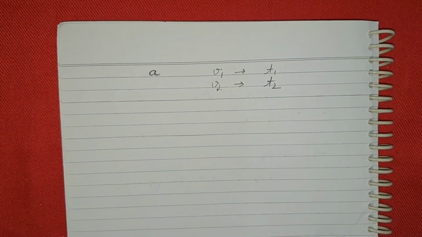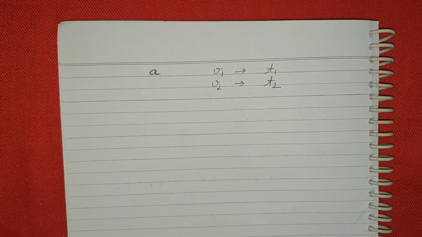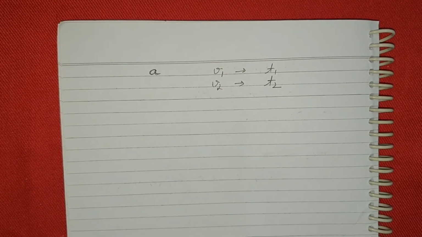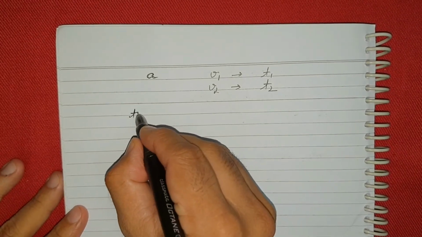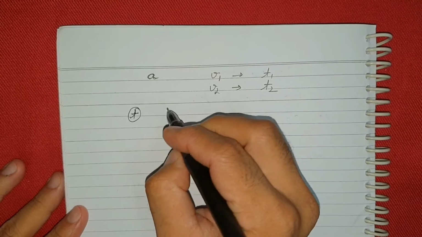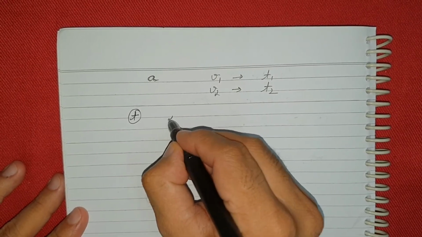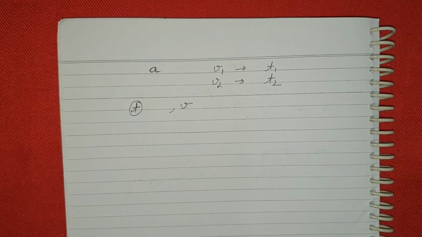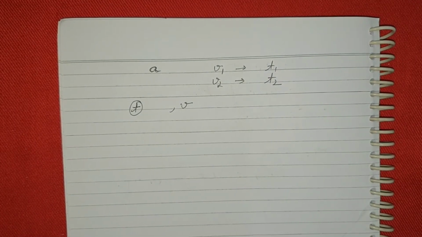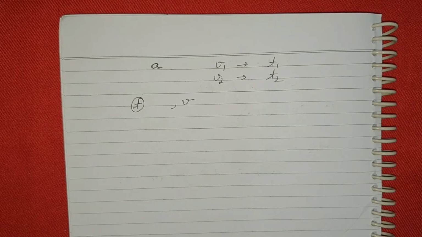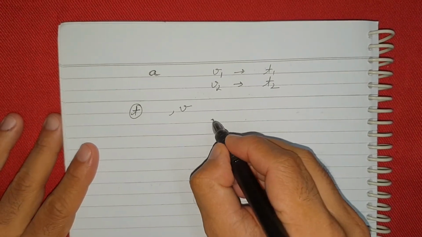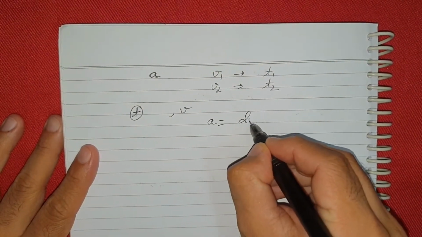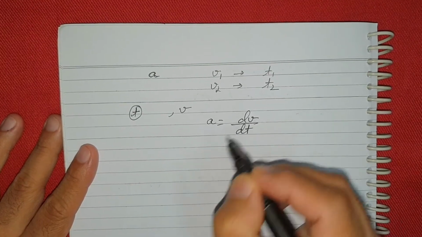Now, the velocity-time relation, which means the first equation of motion. Considering any instant t, let v be the velocity of the object and dv be the change in the velocity of the object in time interval dt. So basically we can write acceleration as dv by dt.